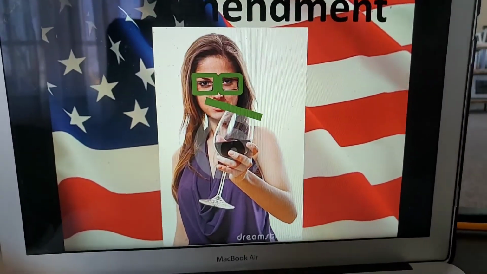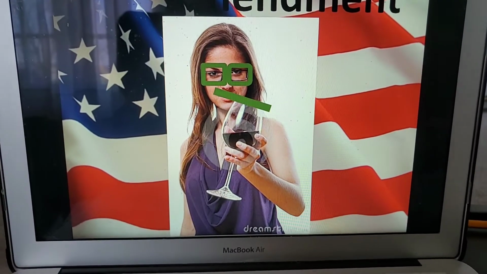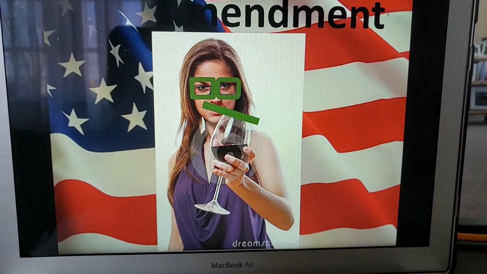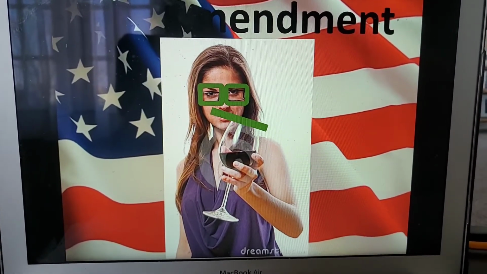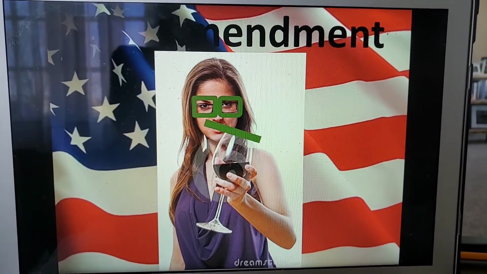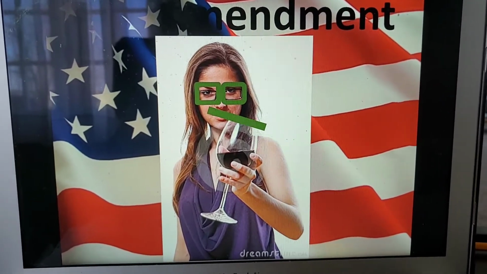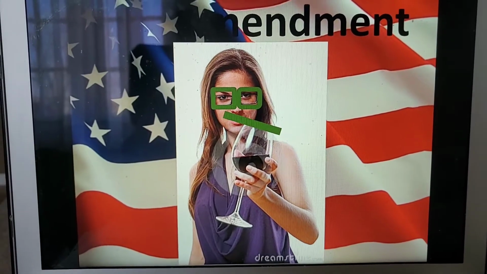The 18th Amendment outlawed making, selling, transporting, importing, or exporting alcohol. This is known as prohibition. This was part of the temperance movement in World War I that made it so that nobody was allowed to drink alcohol legally.